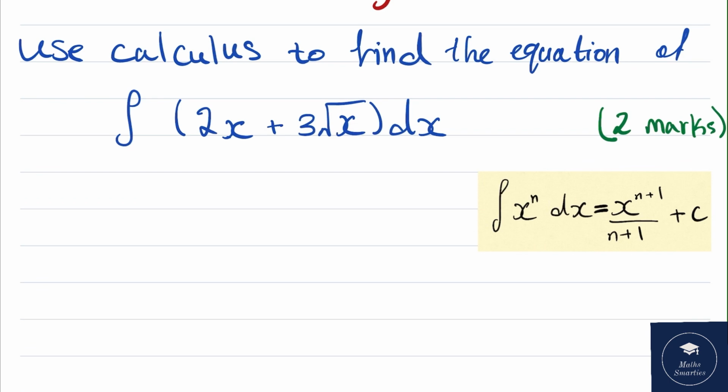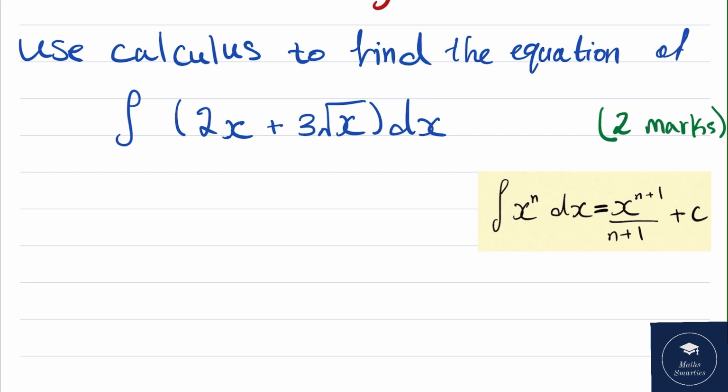What happened here is that we added 1 to the power and we divided by the new power. The rule is we add 1 to the power, we divide it by the new power, plus c.